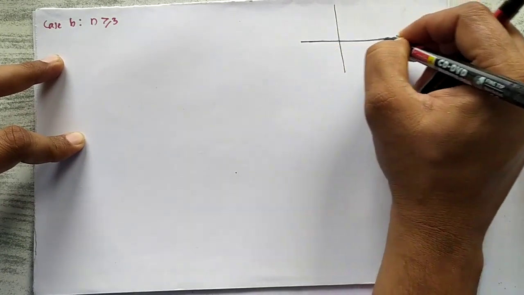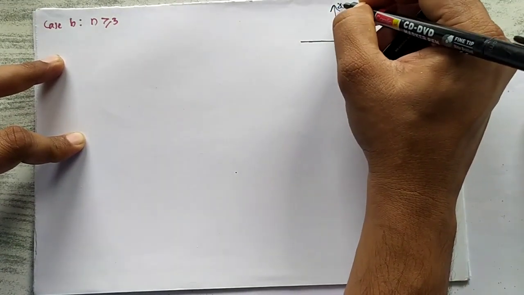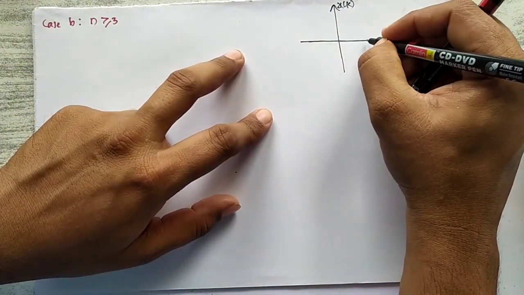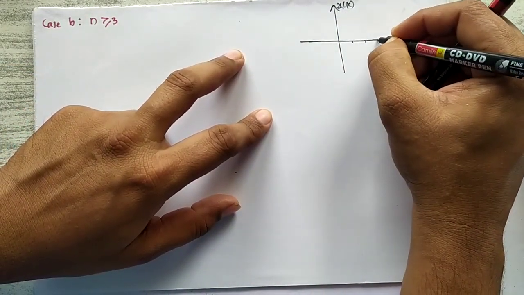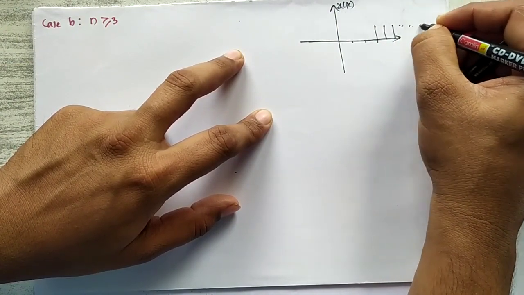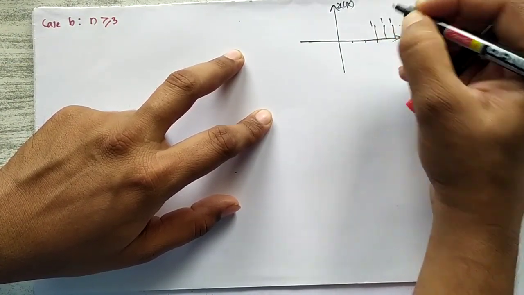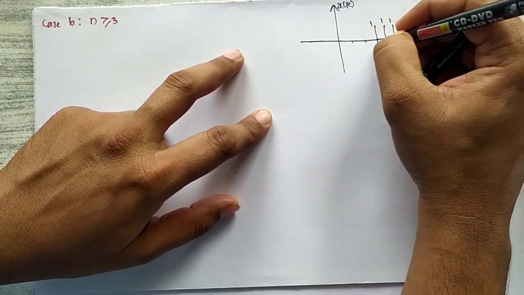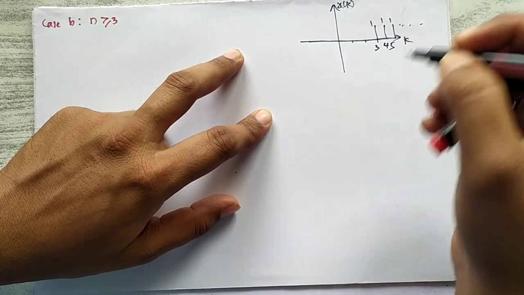So this is my x of k. X of k starts at 3 and goes to infinity.